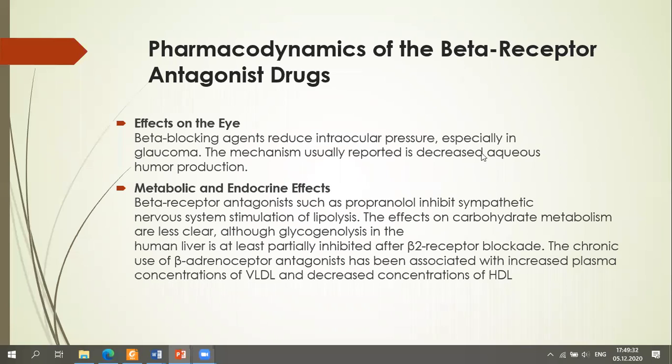This is called aqueous humor, and in front of the iris this liquid fills the space. When this liquid is produced in higher amounts, intraocular pressure will be increased.